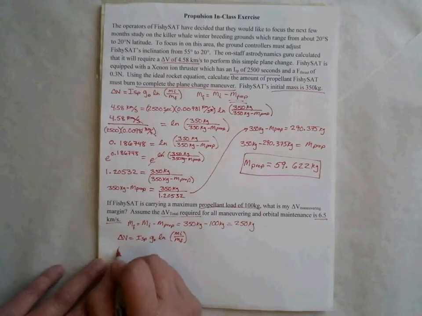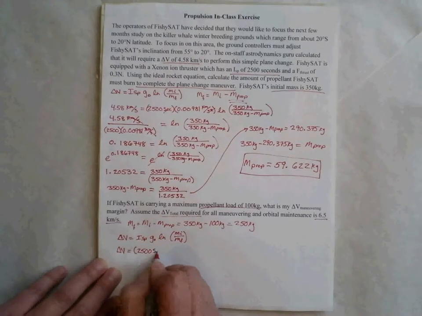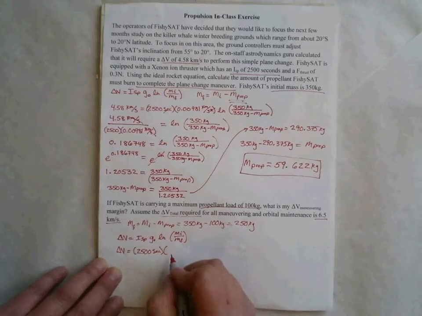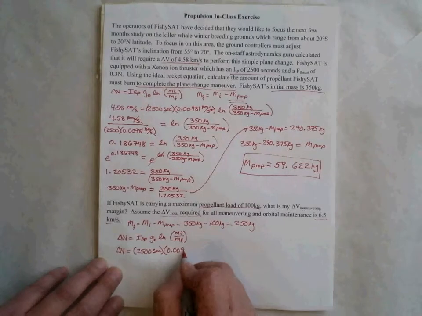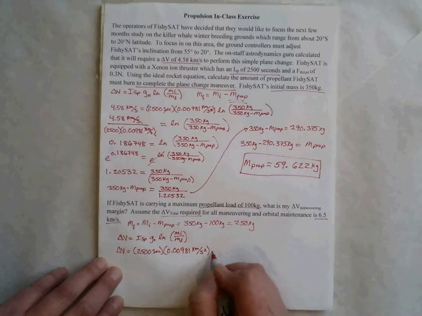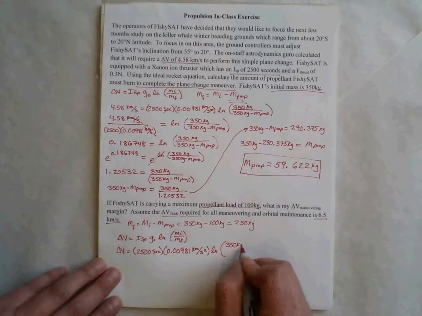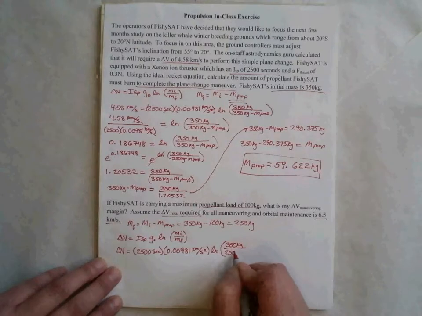We have that the delta V is equal to 2,500 seconds, gravity 0.00981 kilometers per second squared, times the natural log of 350 kilograms over 250 kilograms.